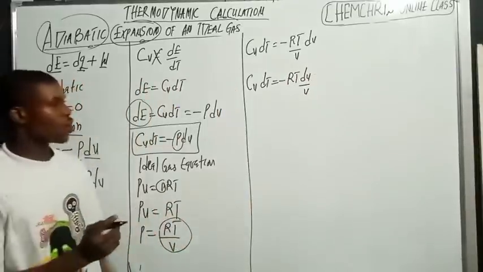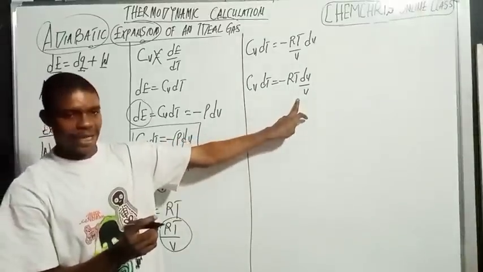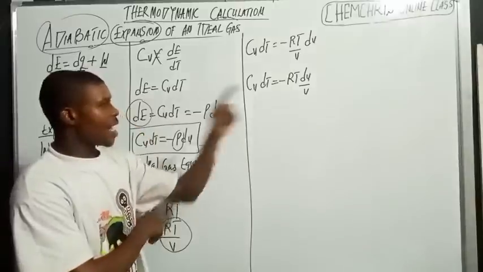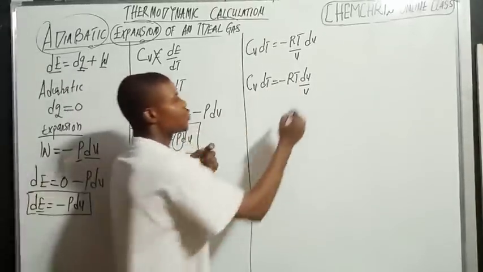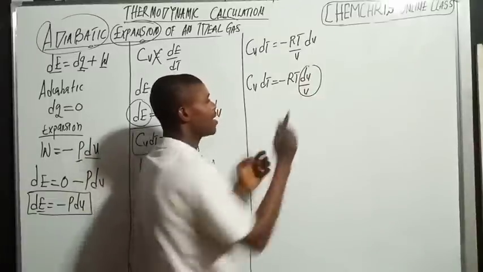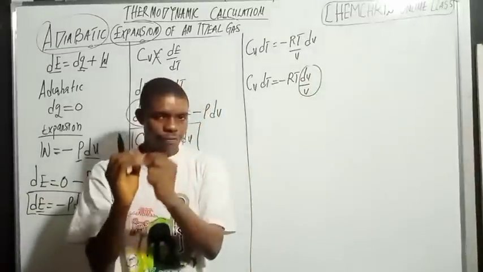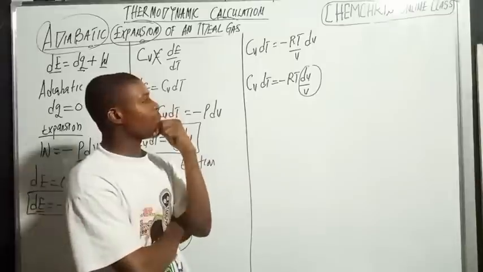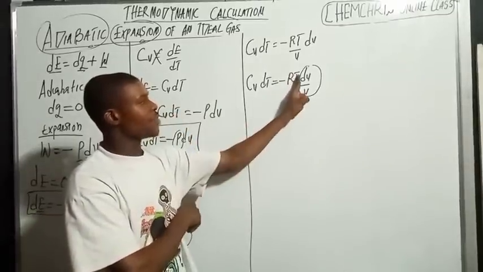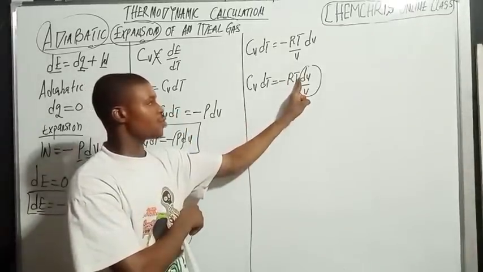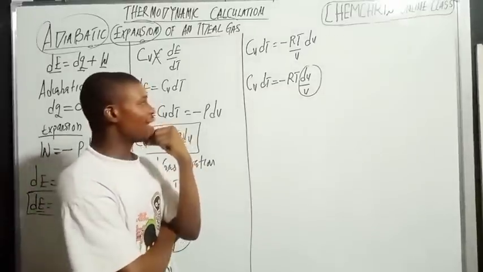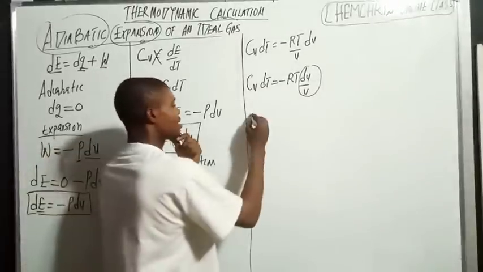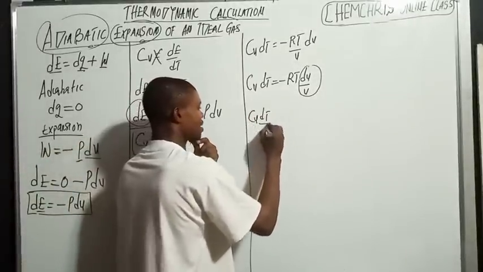Can you see that? Now here we have T, here we have change T. What I want to do here, because I have this one here, is it can be in integration format, right? So I can just divide both sides by T, so I can remove this T from here. If I divide both sides by T, here I have CV change T over T, right?